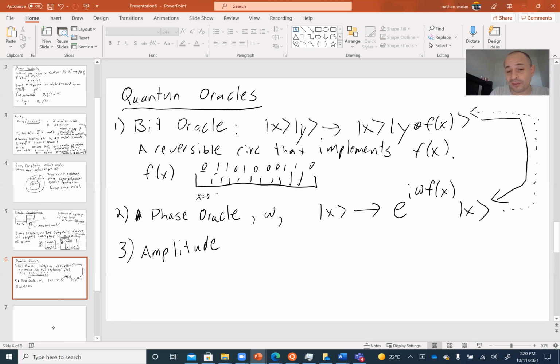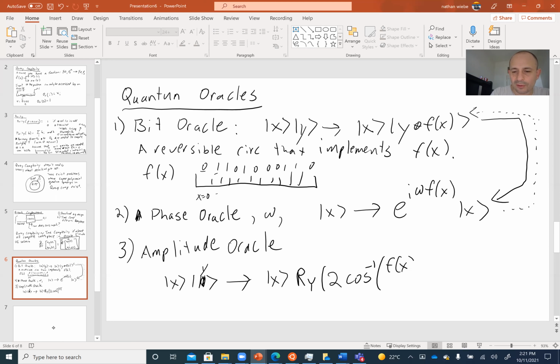Now, it doesn't have a deterministic classical analog, but the idea is that we have x and 0, say, and x and 0 goes to x, or let's call it y over here, and then goes to Ry of 2 arc cosine of f of x divided by the max over x of the absolute value of f of x, y.